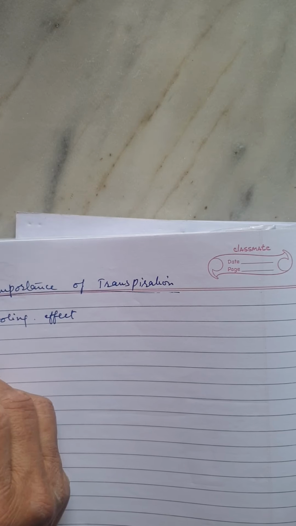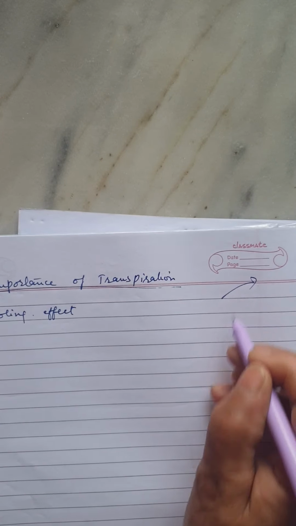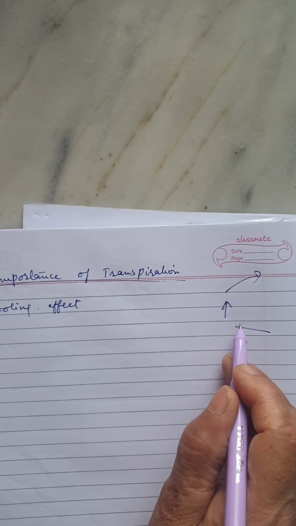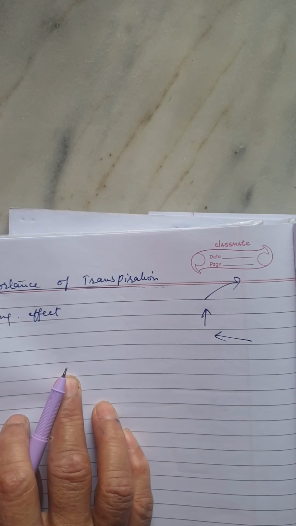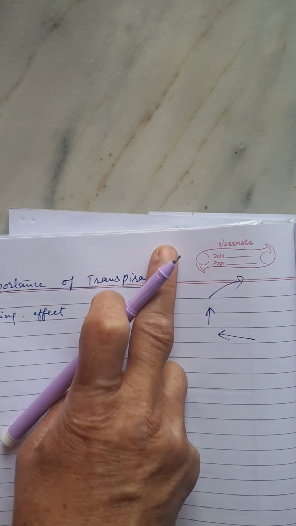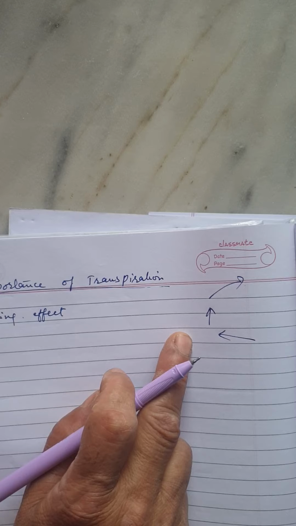And the second, when transpiration is from the leaves, more water is taken upward and more water is taken from the soil. With the water, the minerals are also absorbed in the plant.